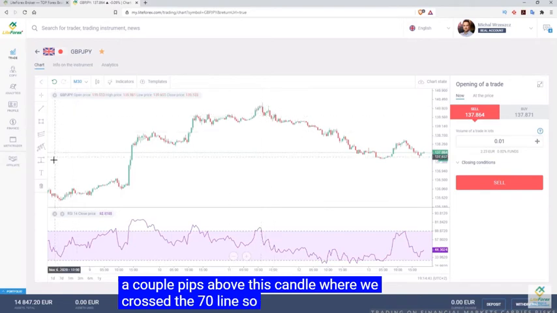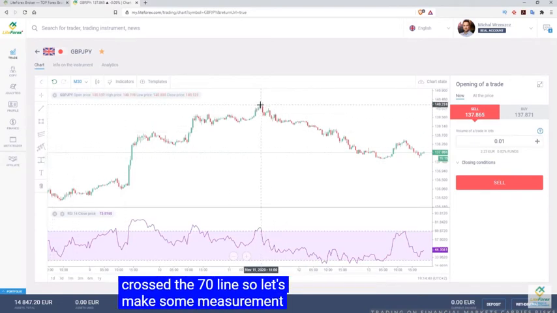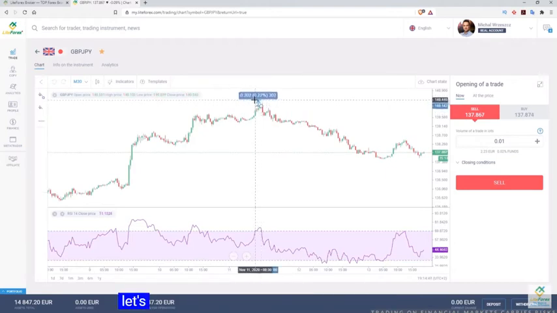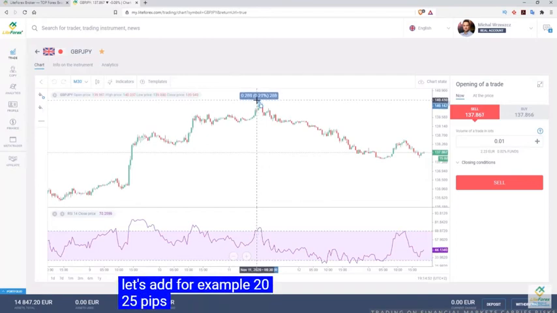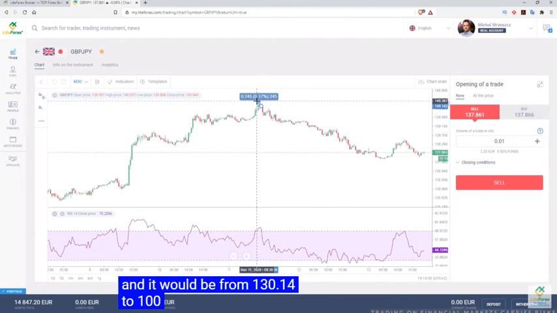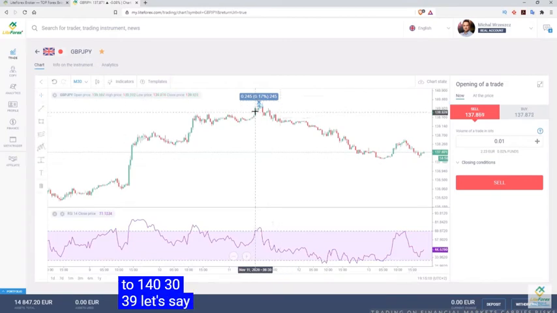So let's make some measurement. We entered here. Let's add, for example, 25 pips. And it would be from 140.14 till 140.39, let's say. Something like that.